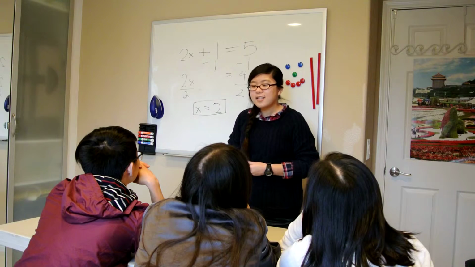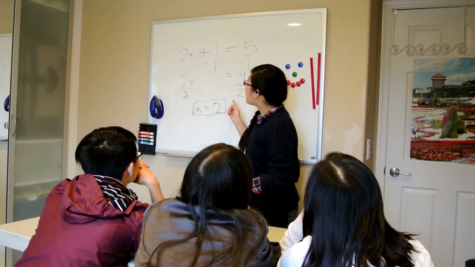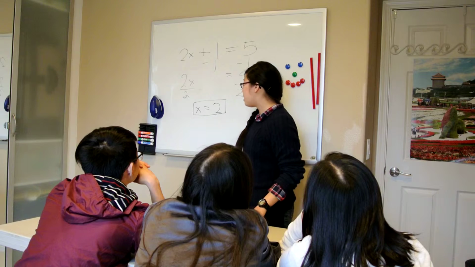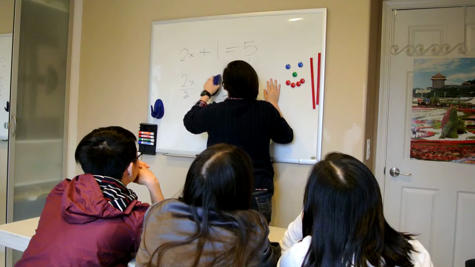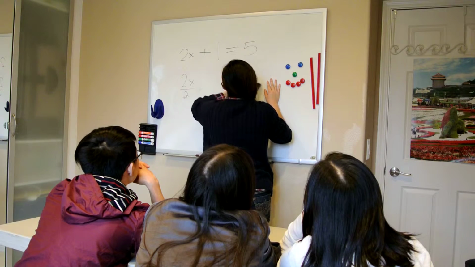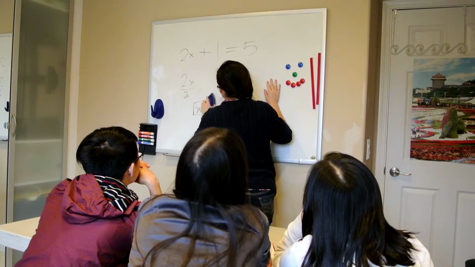However, just to test the concept of equality, let's do the same problem again, but with the steps reversed. Instead of subtracting 1 in the first step, we can also try dividing by 2.